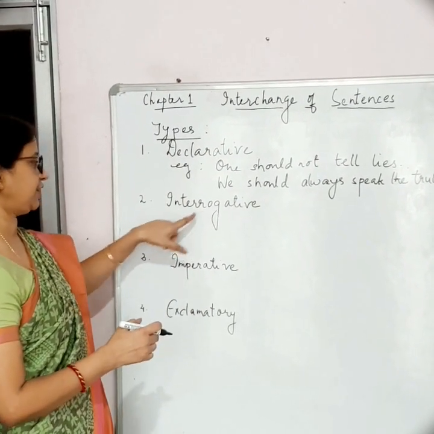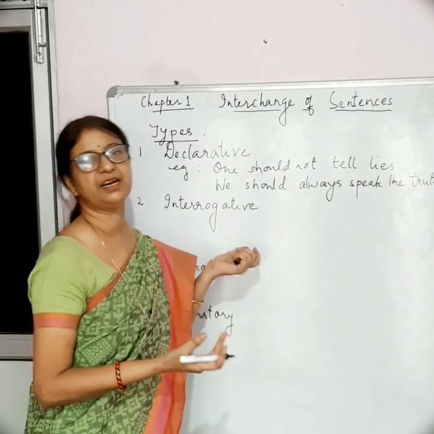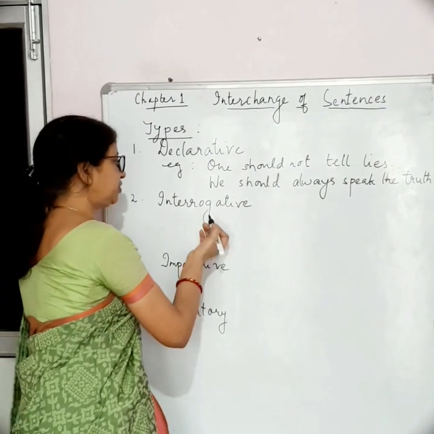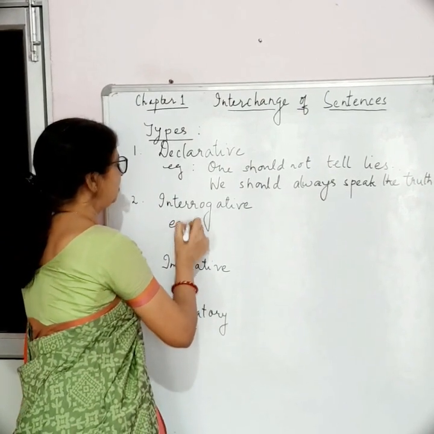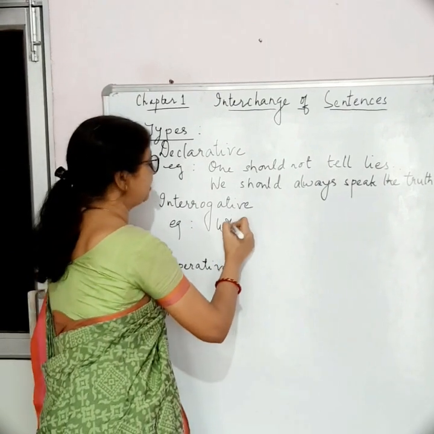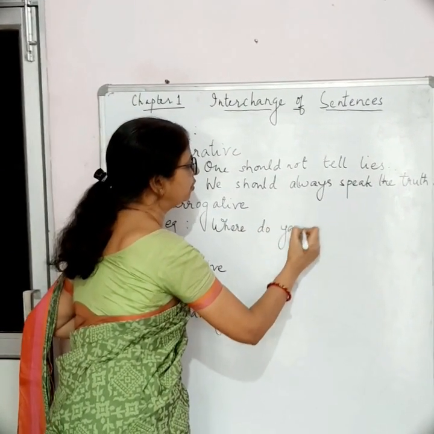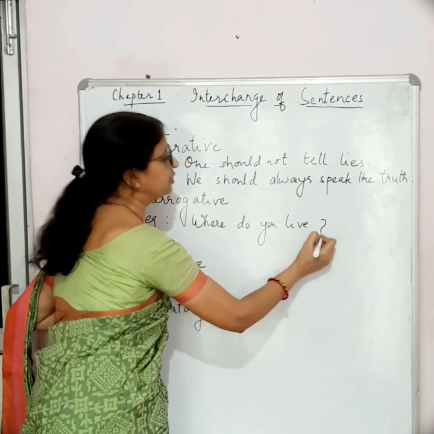Next one, interrogative. What is an interrogative sentence? It is simply a question. Suppose you ask questions. What is your name? Where do you live? Suppose I write down, where do you live? Question.